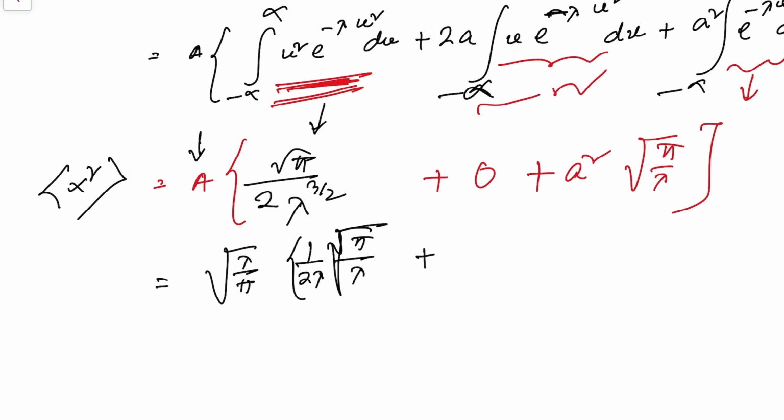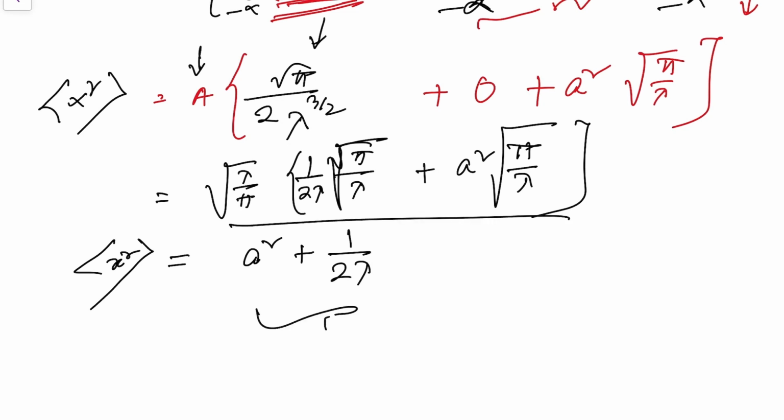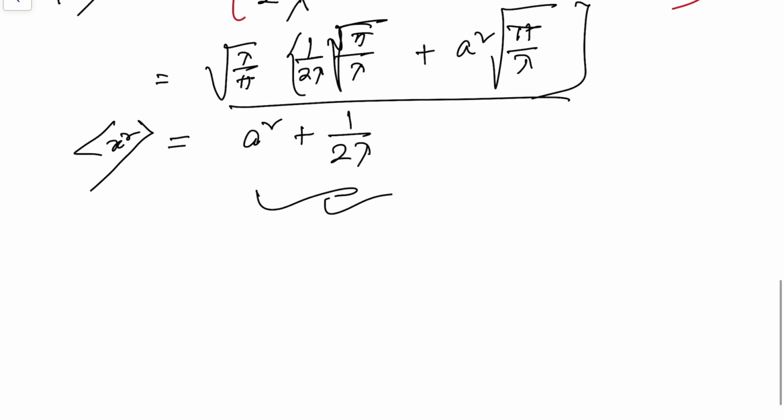Now if you multiply this, then you will get a square plus 1 by 2 lambda. After simplification we will get this. So this is our answer.